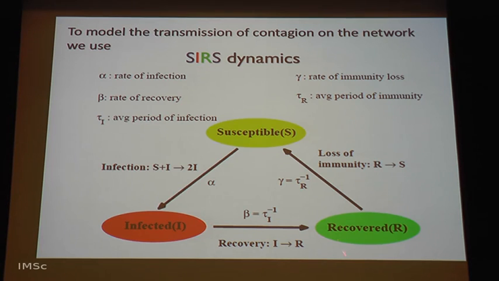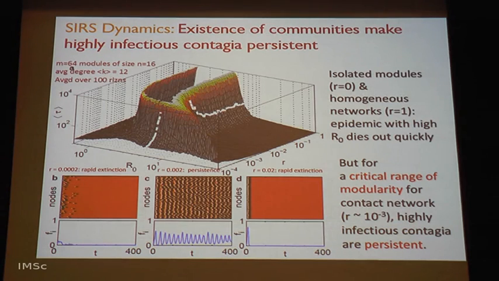Recovered persons may have temporary immunity, and may lose the immunity after a fixed period tau R. So they go back to the susceptible compartment. For this simulation, we took a network size of 1024, with 64 modules, module size 16, average degree 12, and 100 realizations.